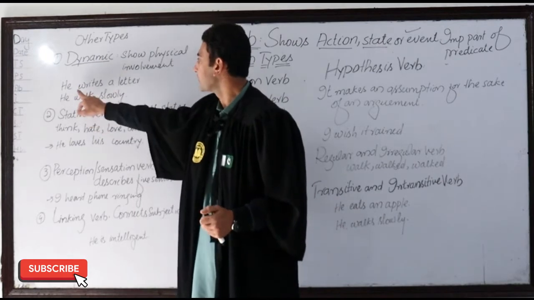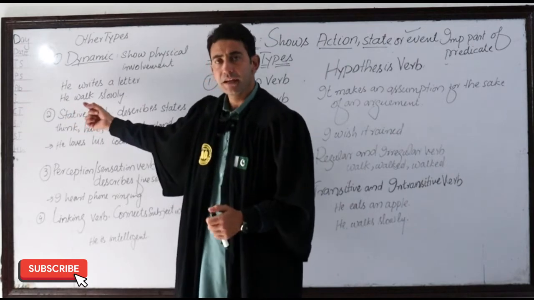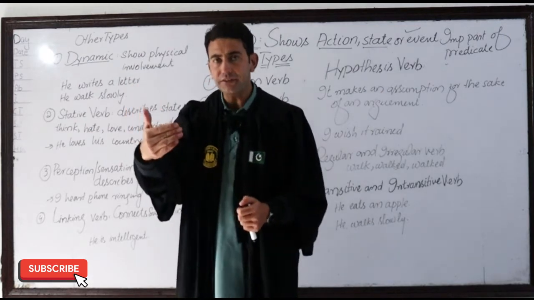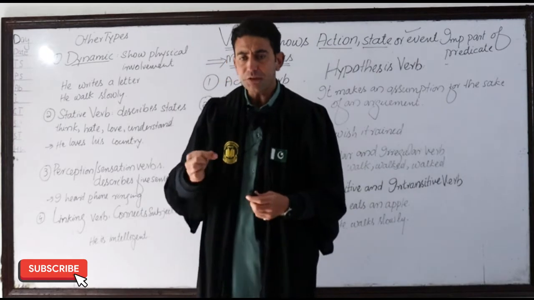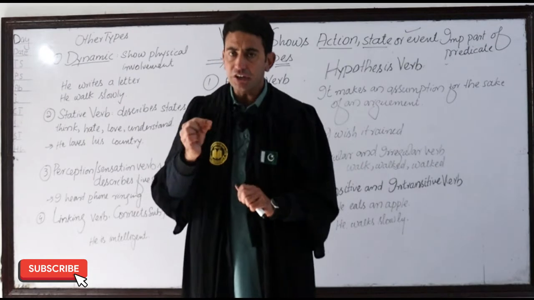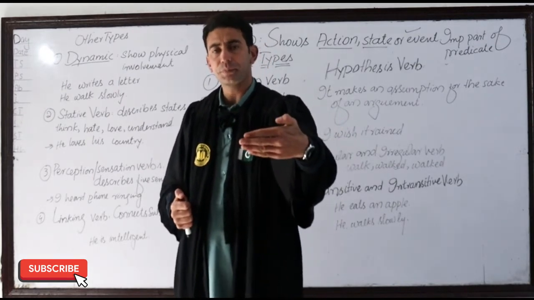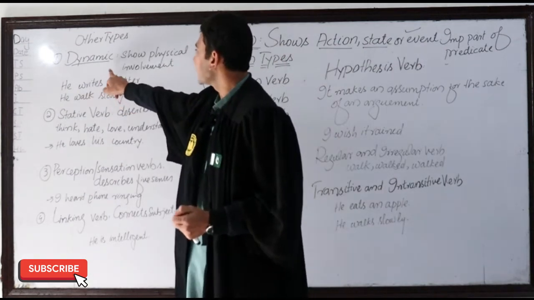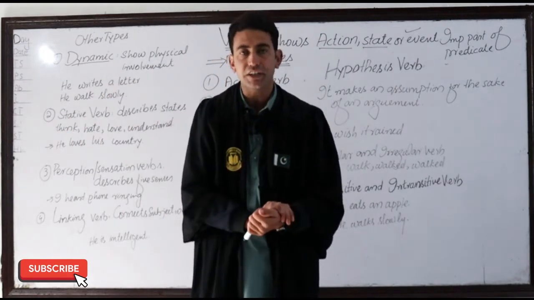Look at this example. He writes a letter. He walks slowly. These two examples suggest that the subject of these two sentences is involved in a physical activity. Let me tell you something more about the dynamic verb: it not only has a simple form, but it also has a continuous form.